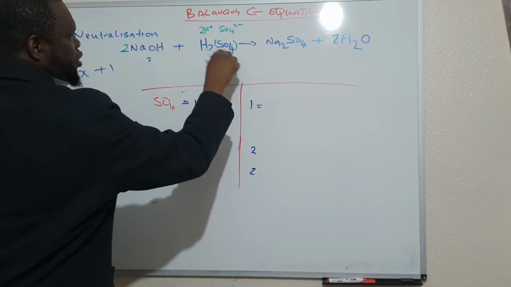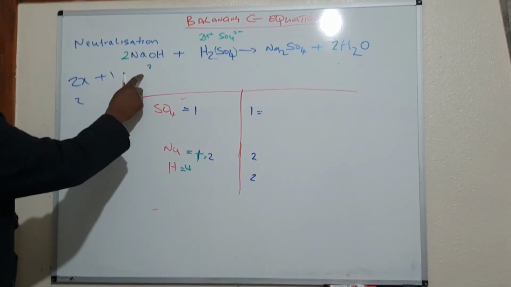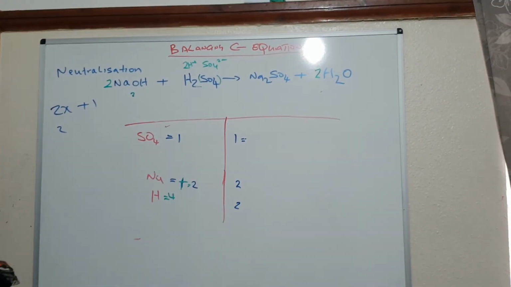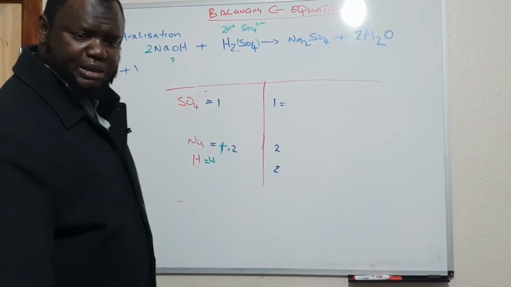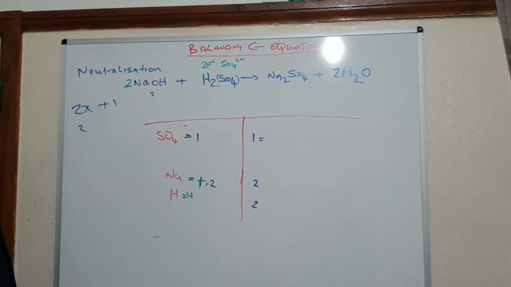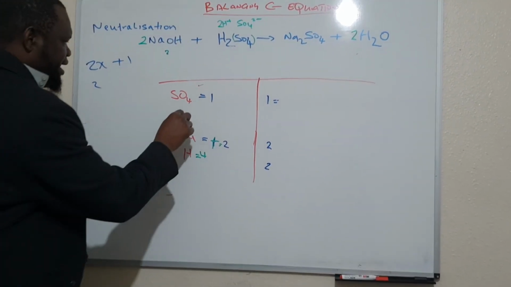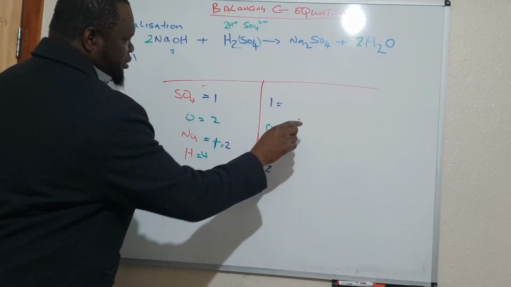So we ignore the oxygen on this sulfate ion, yeah? Two oxygen here. How many oxygen do we have here? Two, because 2 is the coefficient of that molecule, yes? So it's balanced. The oxygen on this side is 2, on this side is 2 now.